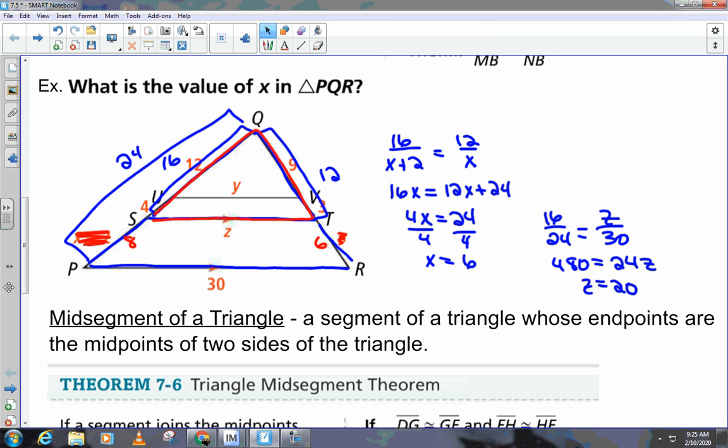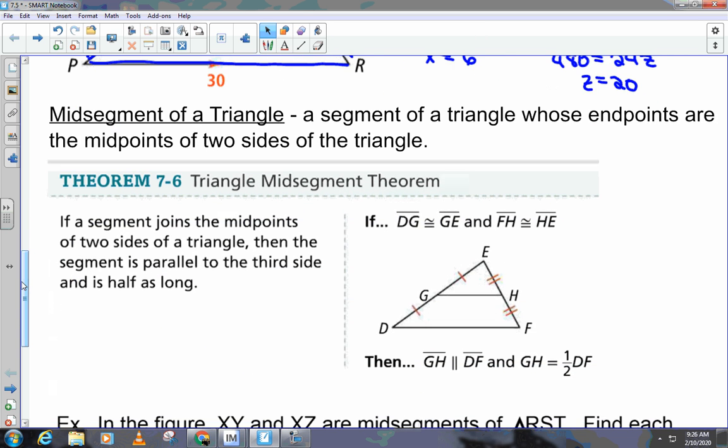I had to take this little triangle to the big, the little to the big, because I was looking for a different side of the triangle. When this is parallel, it breaks the other two sides into proportional parts. But the Z wasn't part of those proportional parts, so I had to go back to what we did in previous lessons. Now, the next thing we want to talk about is what a midsegment is.